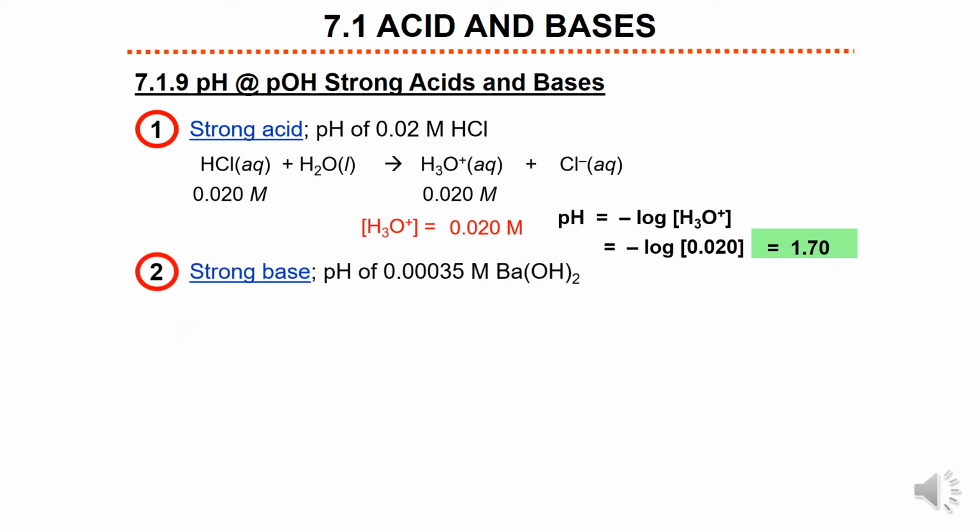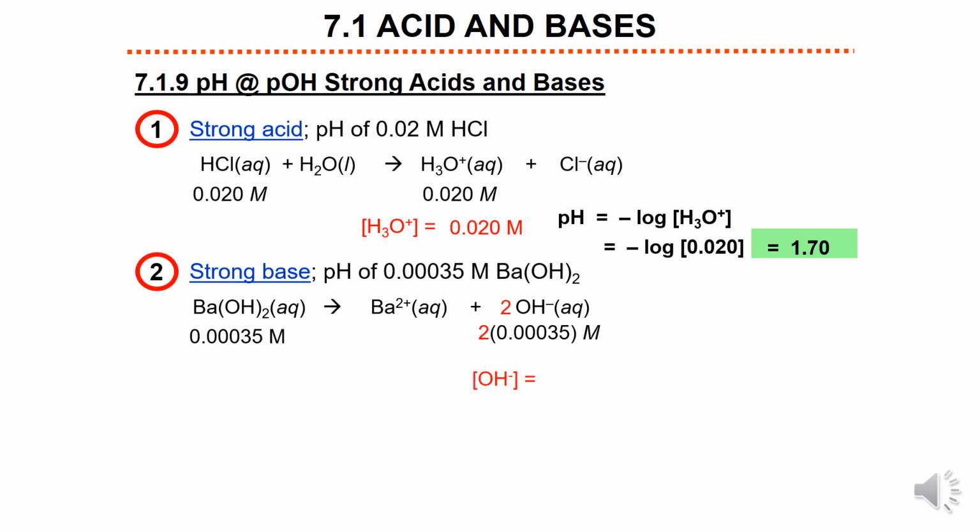Next, strong base. Consider we have barium hydroxide, concentration 0.00035 molar. First, we write the equation. Notice here the concentration of hydroxide ion is 2 times the concentration of barium hydroxide. OH minus, hydroxide ion, equals 0.0007 molar. Substitute in the equation: pH equals negative log concentration of hydronium ion.